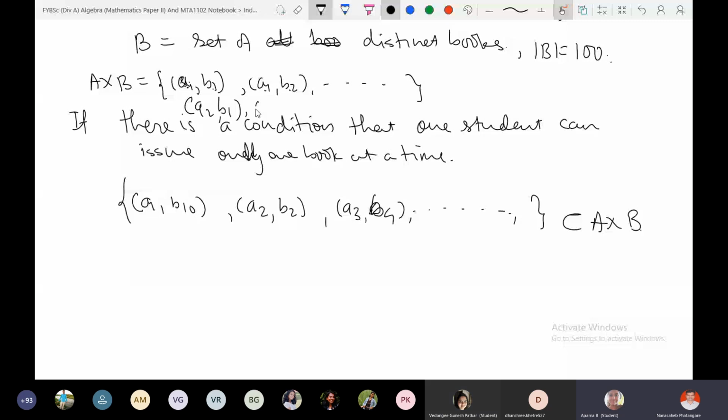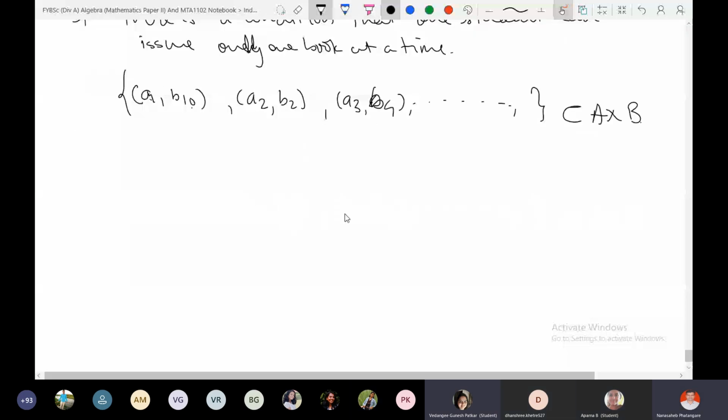I can also pair A2 with B2. So there the components are repeated, but here neither the first component nor the second component is repeated. A1 appeared once, it does not appear again. B10 appeared once, it does not appear again. So every component appears only once. So this is a subset of A cross B, but it is not equal to A cross B. It is a strictly proper subset. Am I right? Yes, sir.